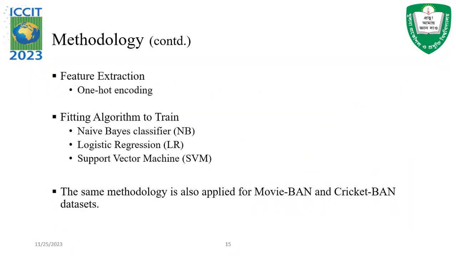Feature extraction. We computed the features using one-hot encoding. Fitting algorithm to train. We trained naive Bayes, logistic regression, and support vector machine with the help of three different datasets separately. We applied the same methodology for the Movie Bangla and Cricket Bangla datasets.